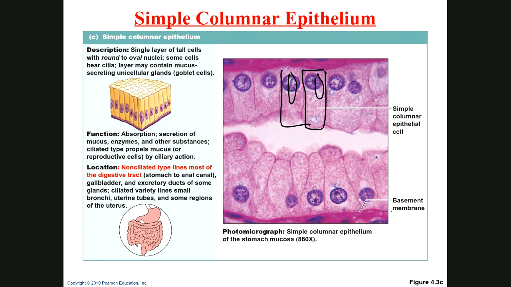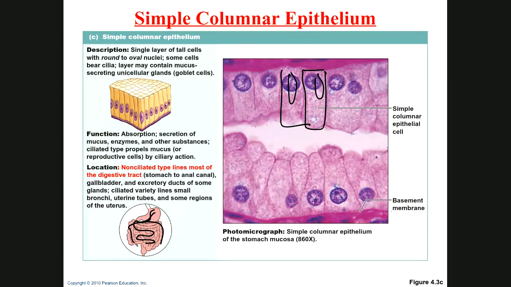Location. This tissue is found lining most of the gastrointestinal tract. It starts at the stomach, right here, and then continues on to the small intestines and the large intestines. So most of the surface of these tubes will be lined with simple columnar epithelium.